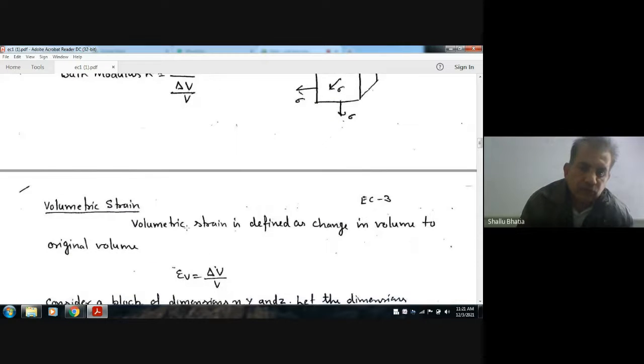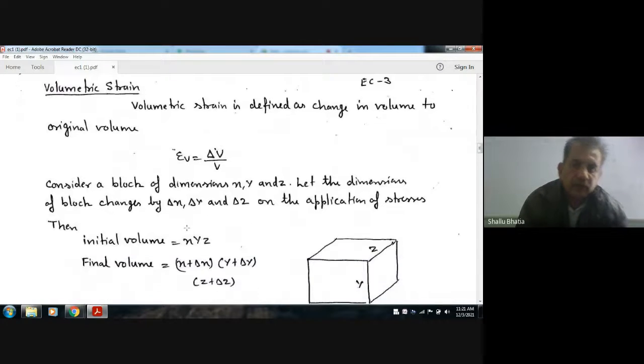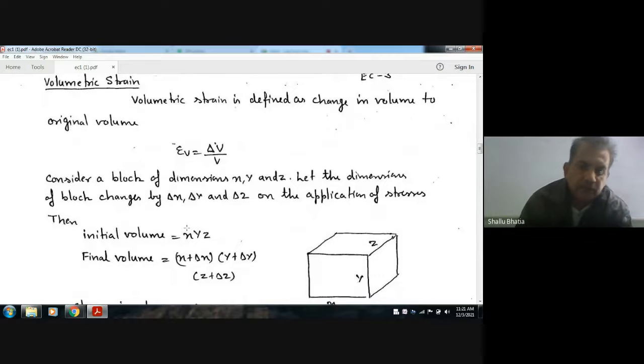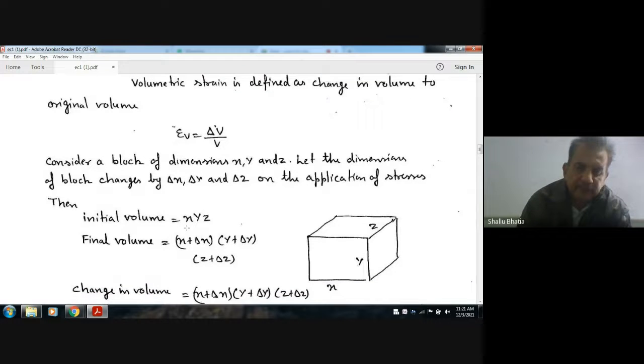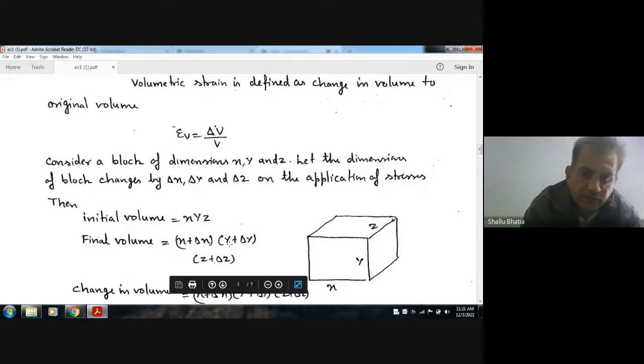So what is volumetric strain? How do we find out the volumetric strain? So let us take the case of a cuboid, okay, of dimensions x, y, and z. Due to application of stresses, which may be equal or unequal, x changes by an amount delta x, y changes by an amount delta y, and z changes by an amount delta z.